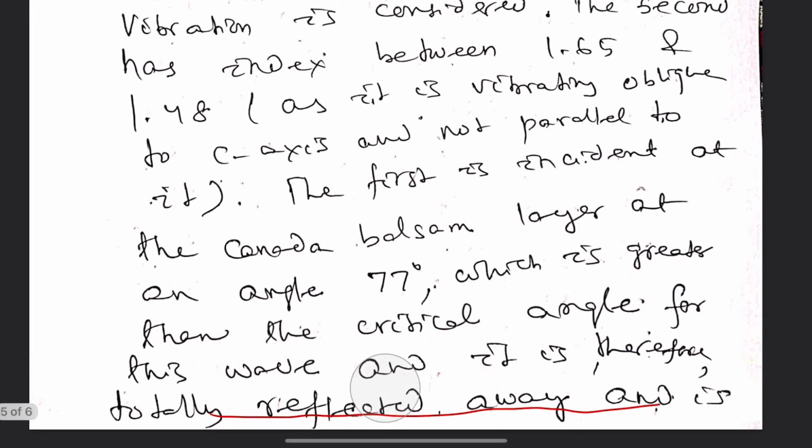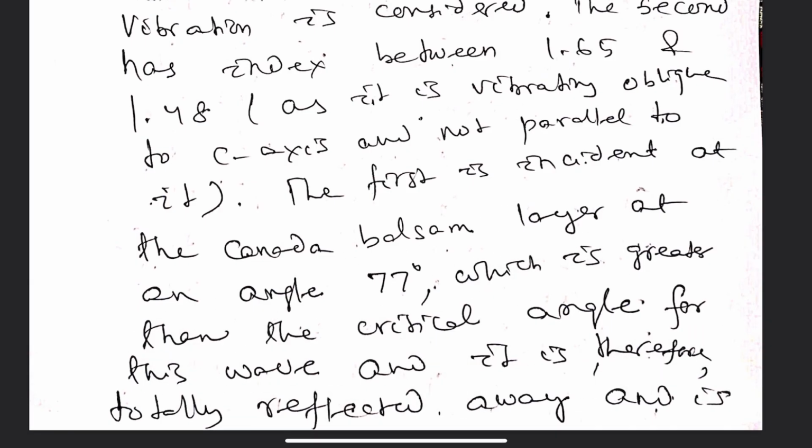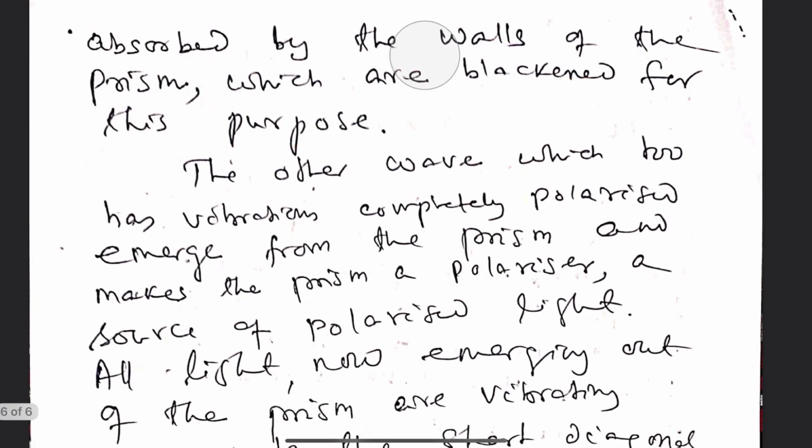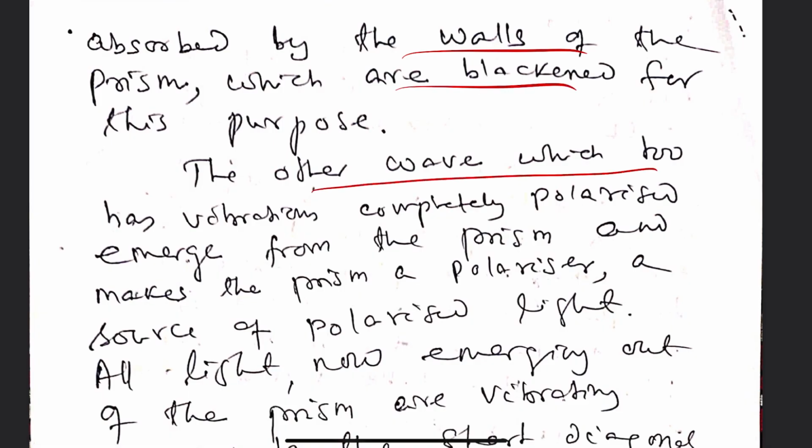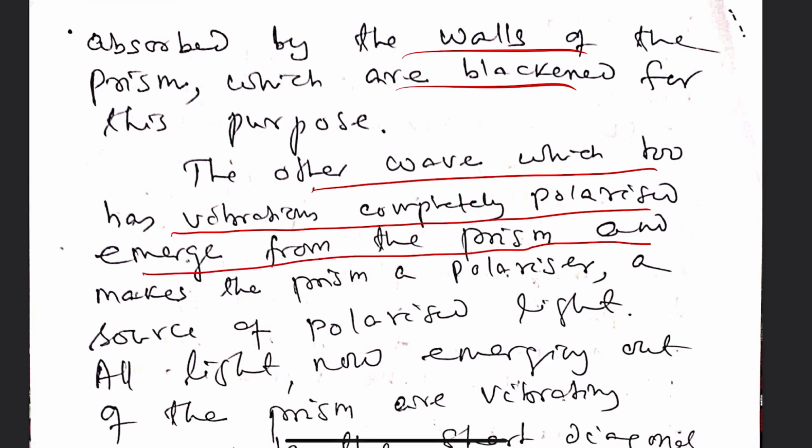One is the O ray, vibrating perpendicular to the C axis; the other is the E ray, vibrating in a plane that contains the incident ray and the C axis, and that ray is allowed to pass through, and the O ray is absorbed by the walls of the prism. So the other wave, which has vibrations completely polarized, emerges from the prism and makes the prism a polarizer, a source of polarized light.